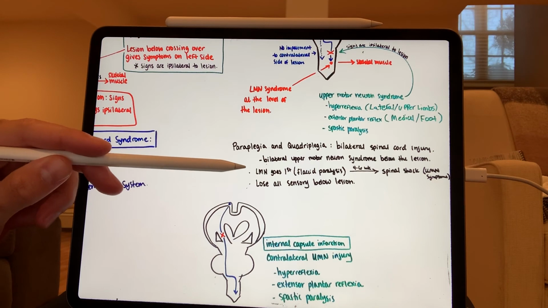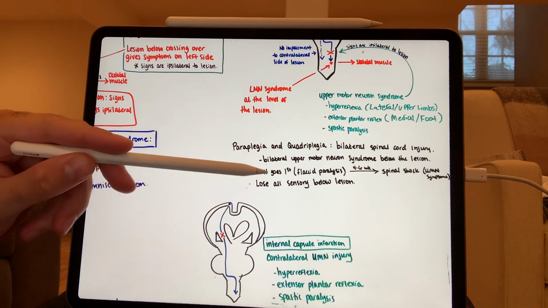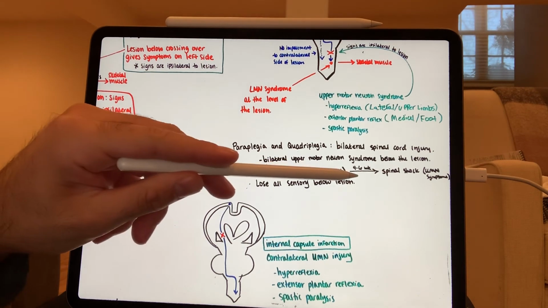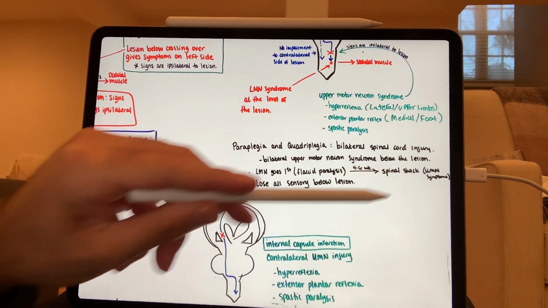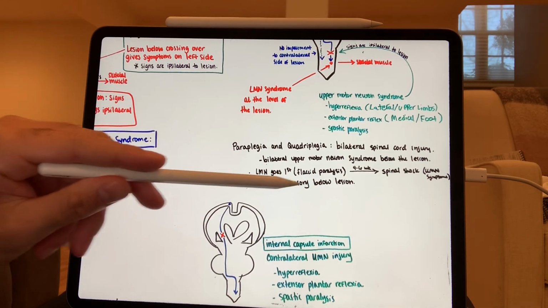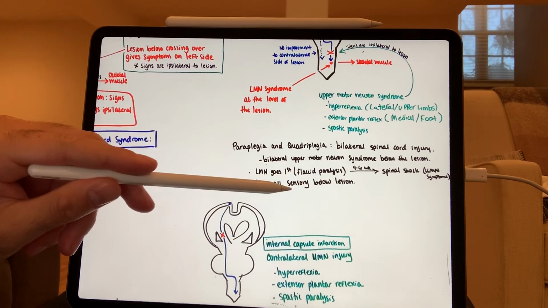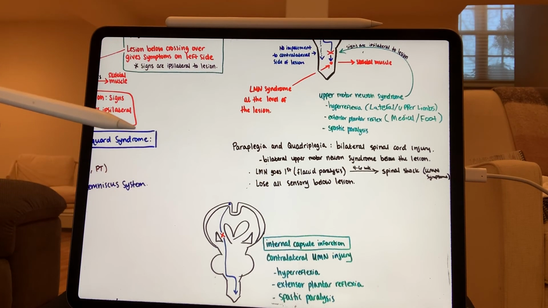The lower motor neurons usually go first. At least they present first. You have flaccid paralysis, and then 4 to 6 weeks you would see some upper motor neuron symptoms being damaged. So it could be like spinal shock. You would lose all sensory information, all sensory tracts below the lesion, so you wouldn't feel anything from your dorsal column medial lemniscus or the anterolateral system pathways.